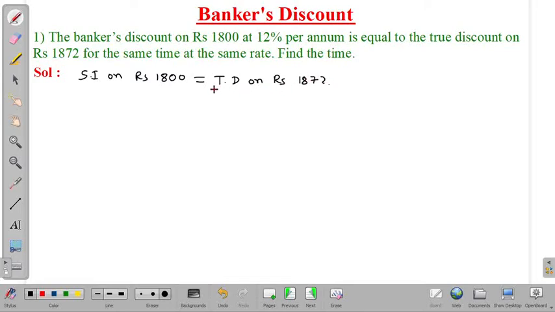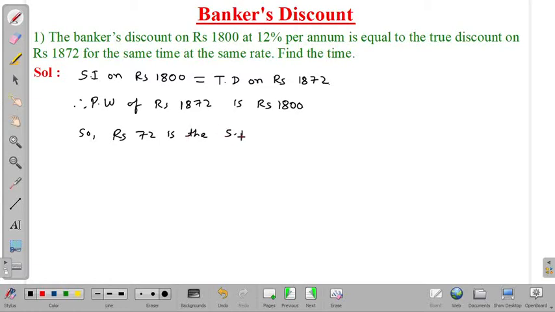In other words, we can say the present worth of rupees 1872 is rupees 1800. So the difference between these two, rupees 72, is the simple interest on rupees 1800.